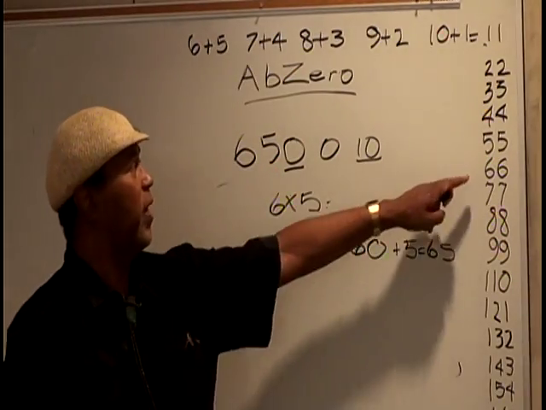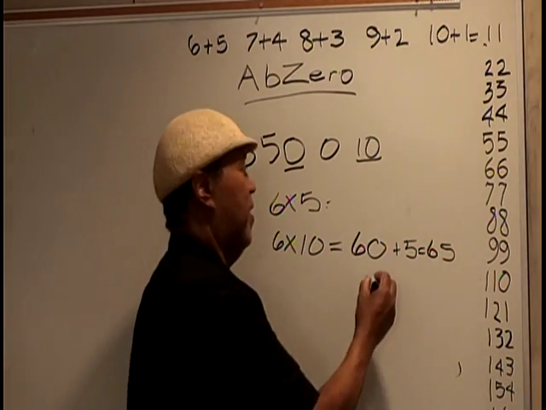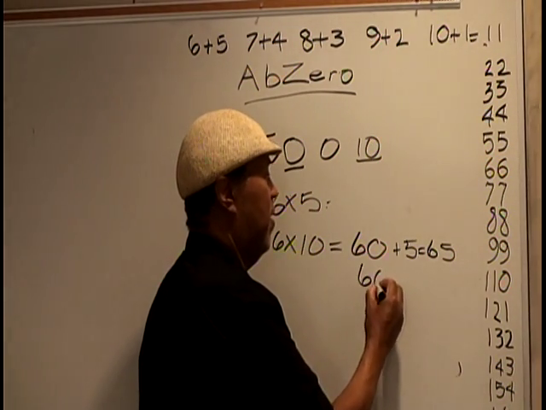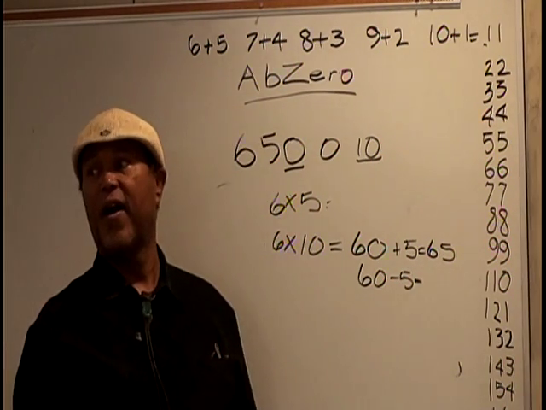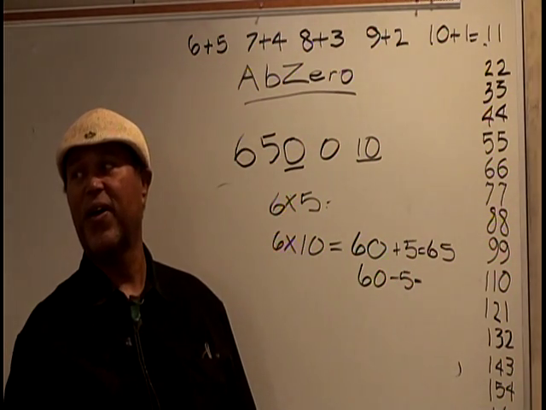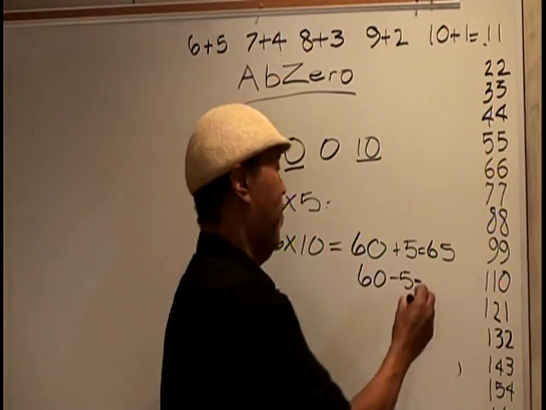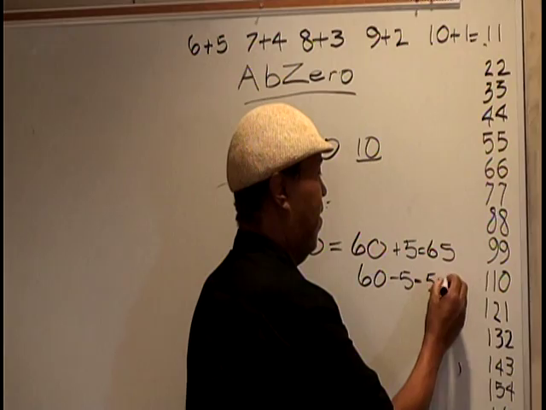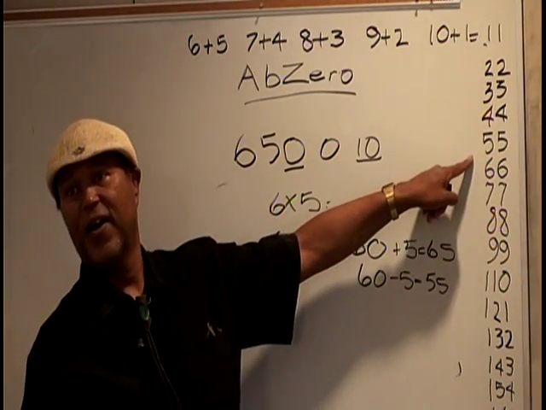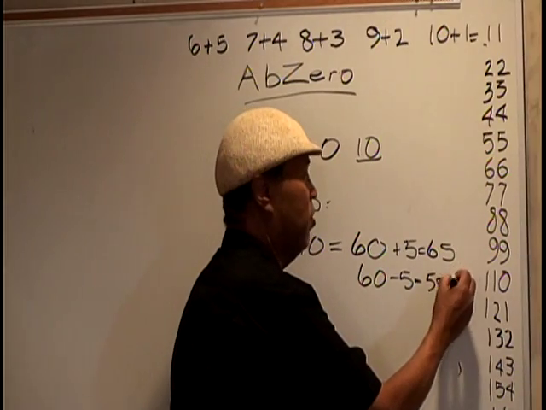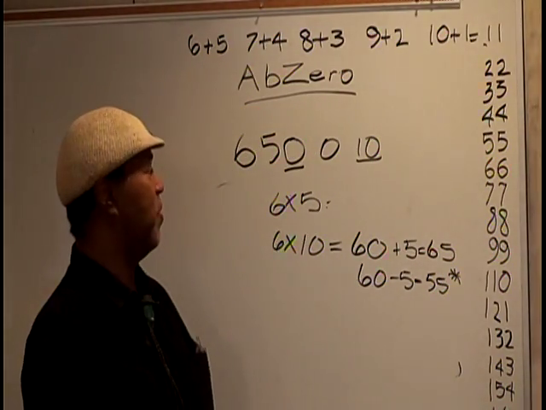And that doesn't work. We have to make it to 66. How about 60 minus 5? What does that equal? 55. And is 55 a multiple of 11? Yes. All right, so we have one solution. And how we arrived at it was running the numbers.